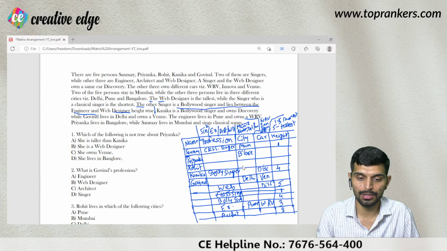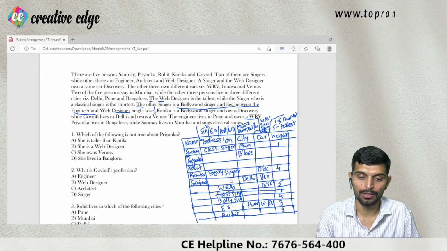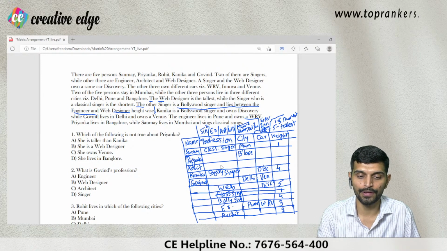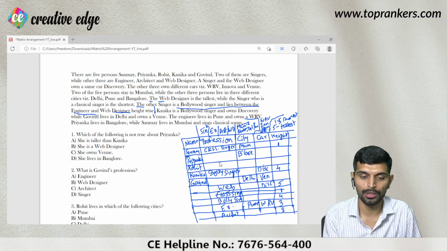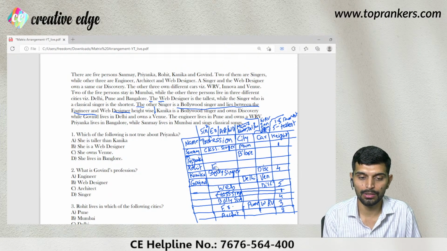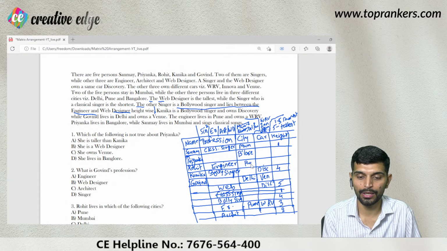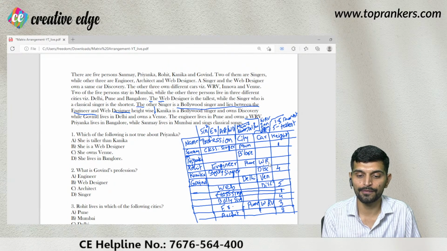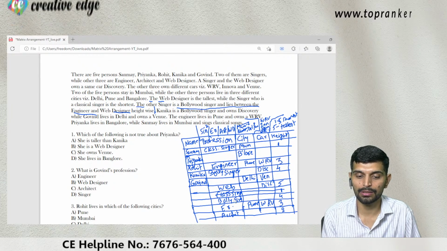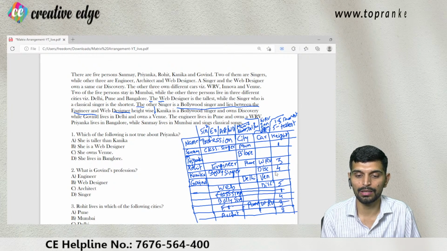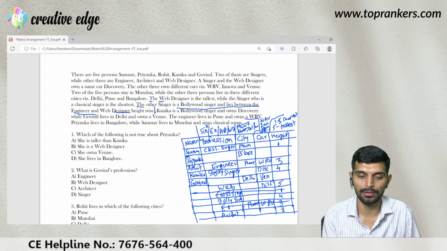So one is in Mumbai, the other one is in Pune. So engineer, Pune. So I can fit this entire row here. Rohit, engineer by profession, living in Pune, owning WRV, and 3 is the rank in height, increasing order, right?